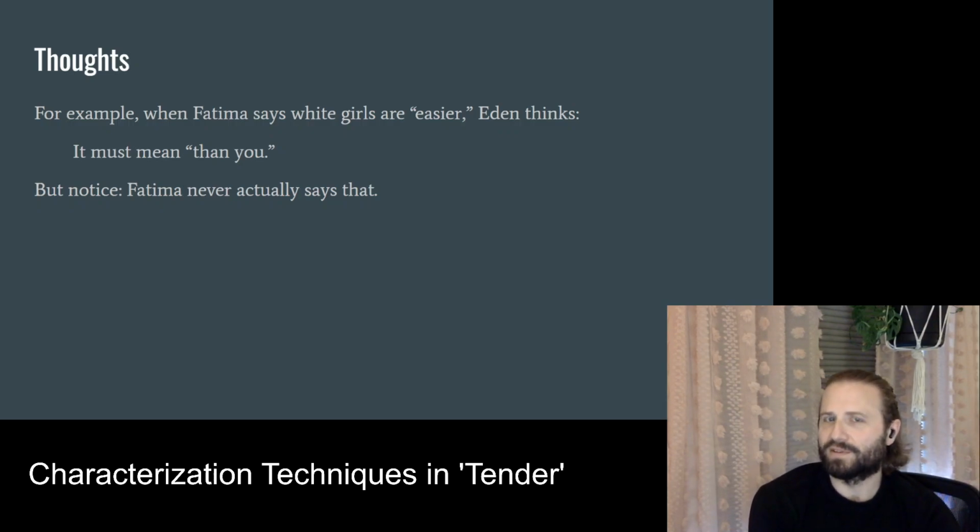Once again, remember, the story is called Tender. And so think about how that applies to the main character, Eden, throughout. And this is a good example of it. She's always taking something as some sort of an injury to her own emotional well-being. And this is something that makes her feel better about herself in ways. She's always the victim in certain situations.